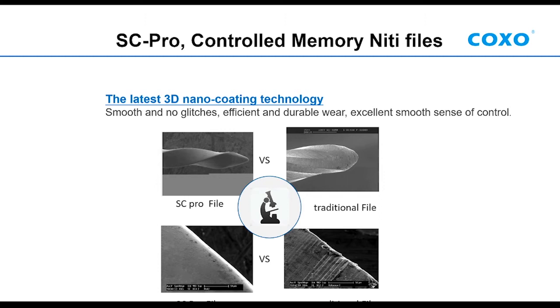But for other traditional endophytes, you see here, before use the print is okay, but after use you can see many scratches. If you have this, it is very easy for the endophyte to break in the canal. So not only do we use the CM memory material, we also use 3D nano coating. This is a very high technology coating.